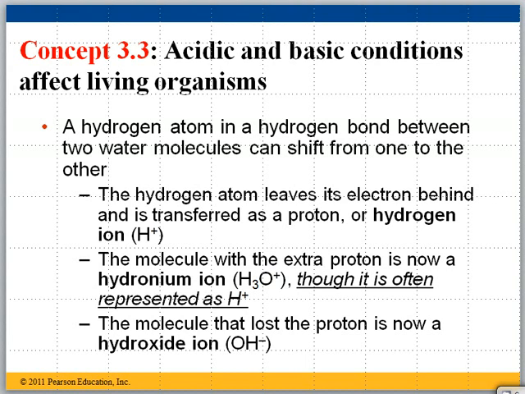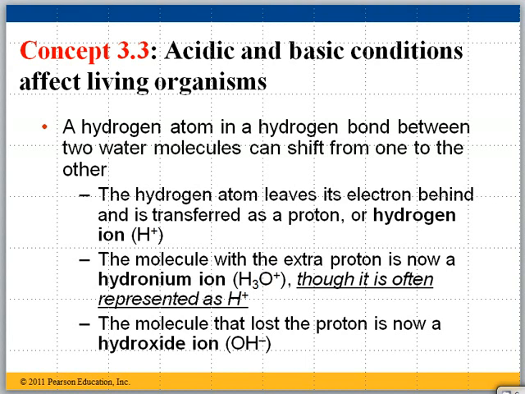Now it doesn't stay floating free for very long. It will find the nearest water molecule and attach to it. So that's going to form an H3O plus hydronium ion. So sometimes the water molecule breaks apart, one of those H's attaches to a different water molecule, and suddenly you have H3O plus because it's gained a positive proton.